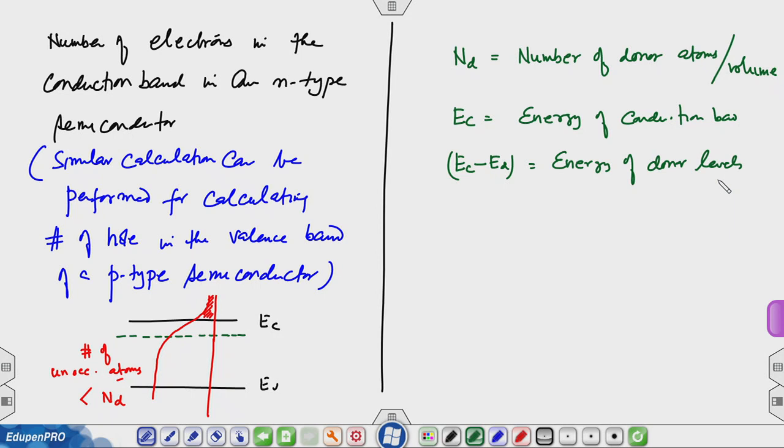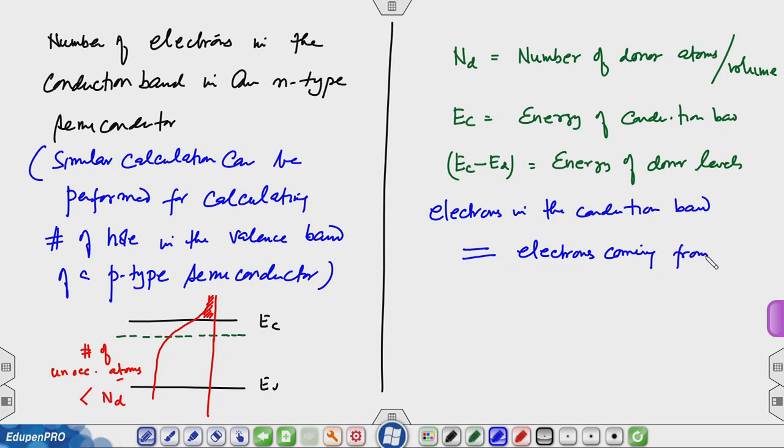And as I pointed out earlier, the electrons in the conduction band can be taken to be equal to the electrons coming from the donor atoms, because that is 6-7 orders of magnitude larger than those coming from the valence band. So, the others can be ignored.